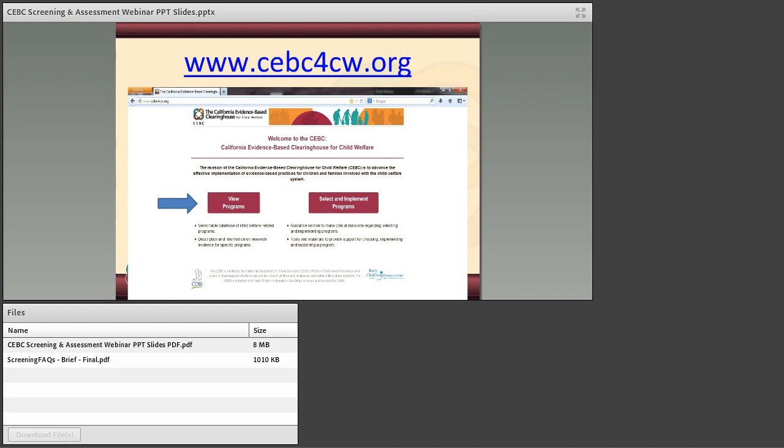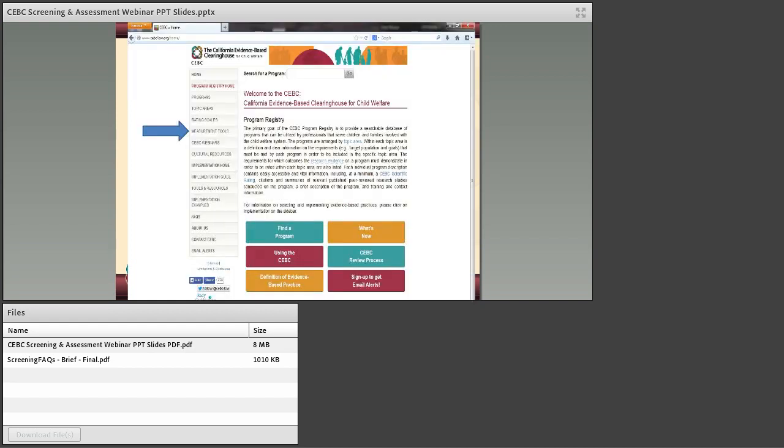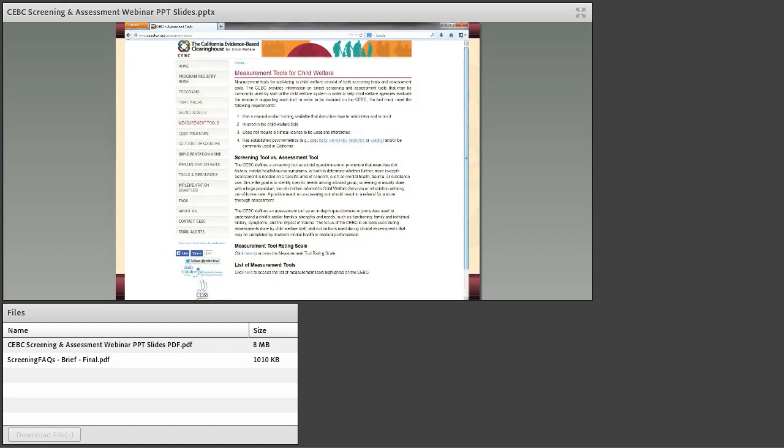All right, so now let me quickly show you how to access the tools section. When you go to cebc4cw.org, it takes you to our homepage, and then you will click on View Programs on the left-hand side. From there, you will see there's a left side ribbon. Click on Measurement Tools, and that will take you to the Measurement Tool page section.